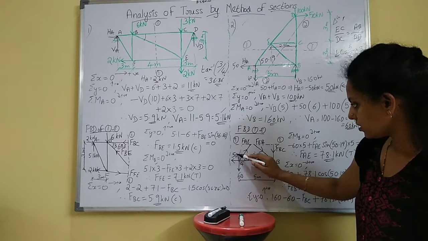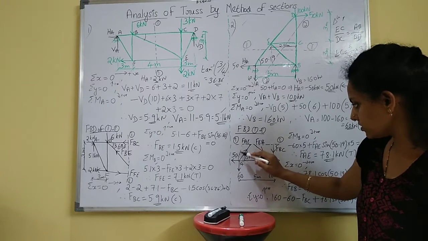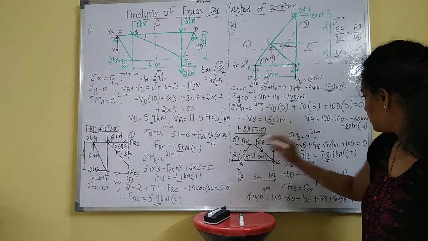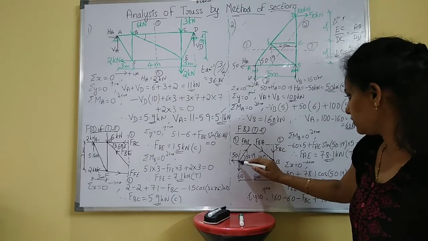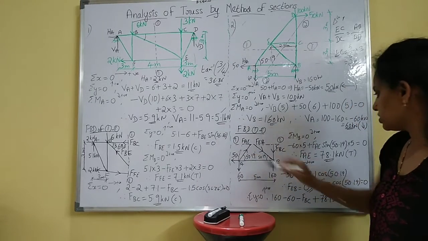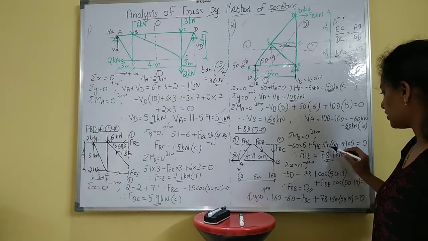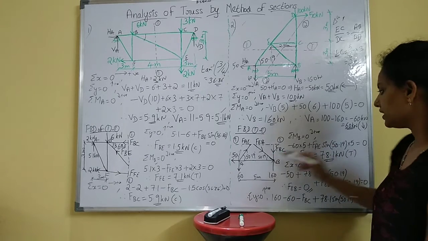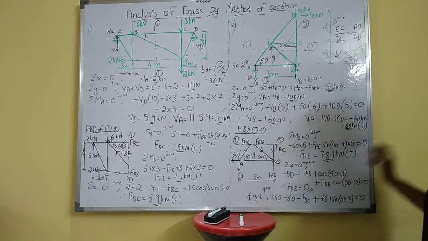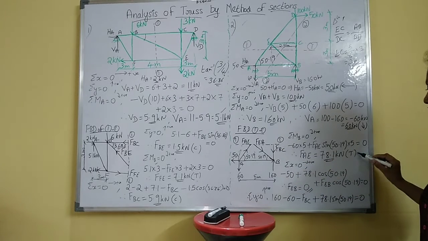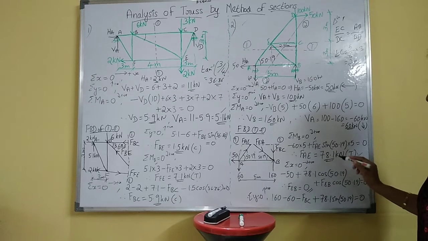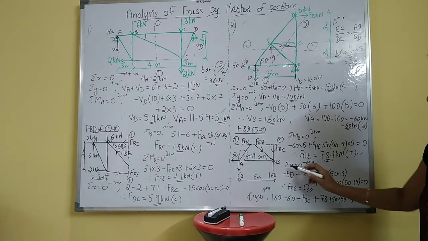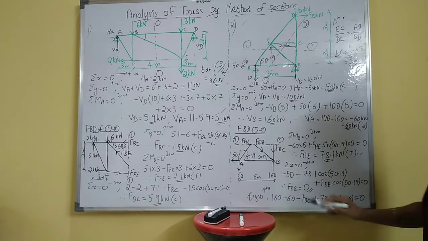Then FAE has a vertical component upward, so it is positive clockwise: plus FAE sine of 50.19 into distance 5 equal to 0. You will get FAE value: 78.1 kilonewton. It is away from the joint, so it is tension.